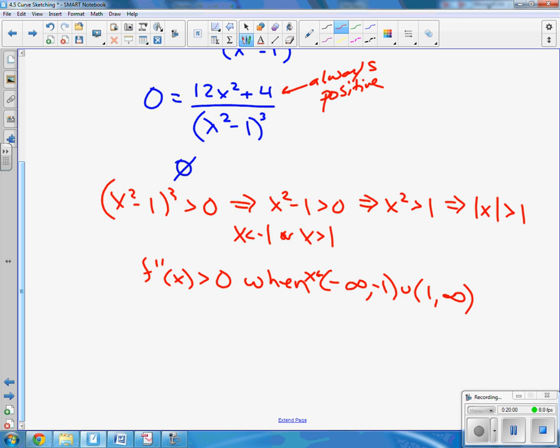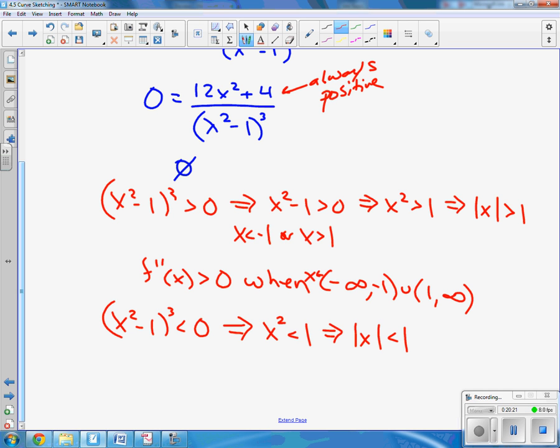Okay, so now we have to figure out when this is going to be negative. So when is x squared minus 1 cubed less than 0? Okay, we can go through the exact same process. We'll get to x squared has to be less than 1, which means that the absolute value of x is going to be less than 1.